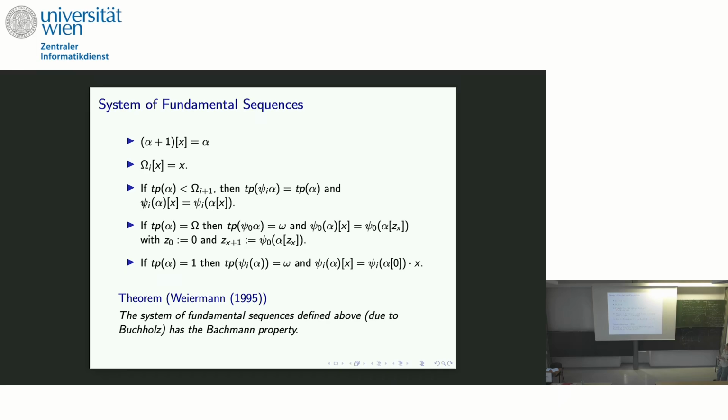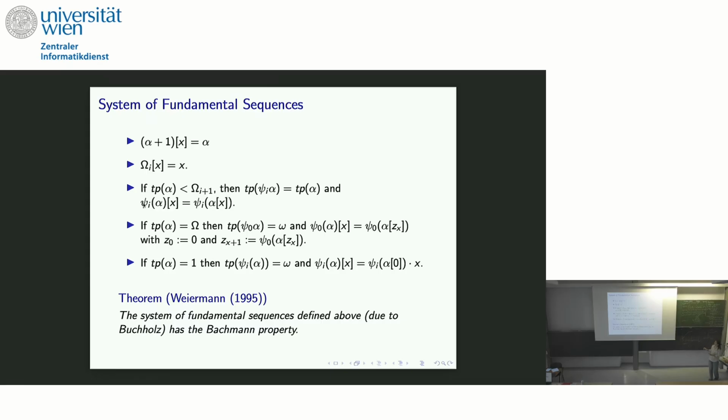So if it's a successor, it's x minus 1. If it is an uncountable ordinal, on x it is x. So what this means is, if it is, say, psi 0 omega at x, this x goes inside, so it's psi 0 x.